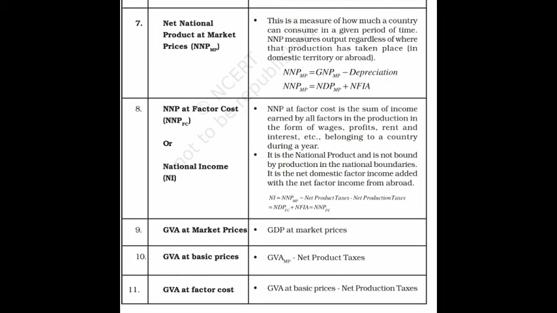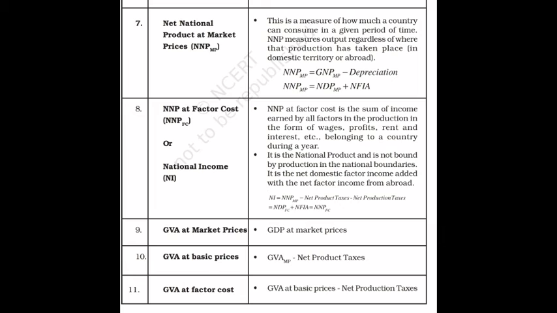As I told you before, we will get net national product at factor cost after deducting the net product tax and production tax from market price. Same as GVA, gross value added at market price, that is GDP at market prices.